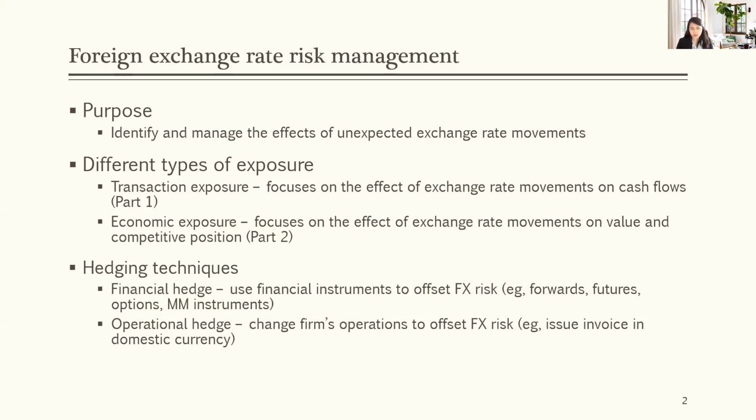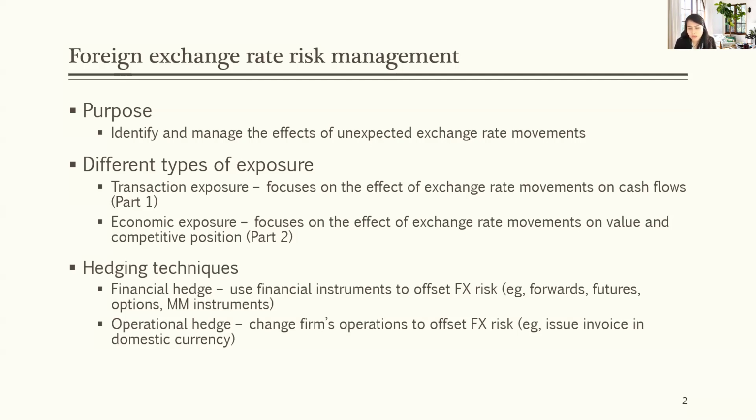Alternatively, a firm could also change the way they operate so that the foreign exchange exposure, let's say on their asset side, could be offset by the foreign exchange exposure on their liability side so that the net exposure could be minimized, right? So one example is if you anticipate that you're going to expand your business to the US, so you're going to have your customers in the US, and your receipts would therefore be in the USD.